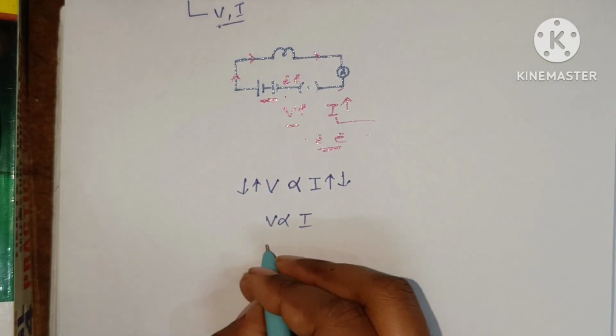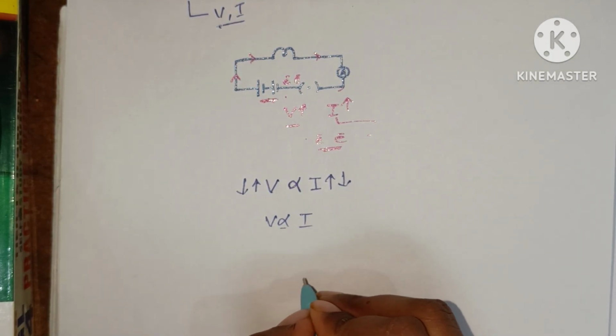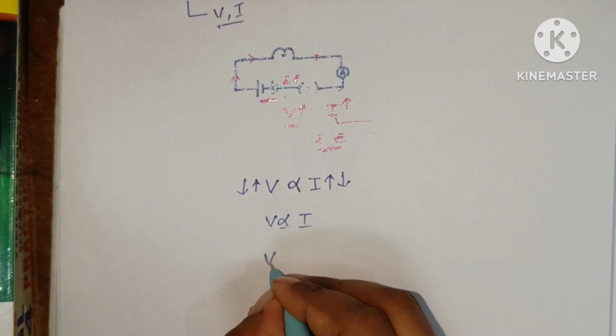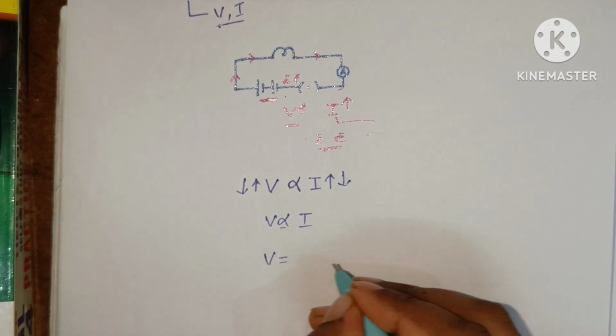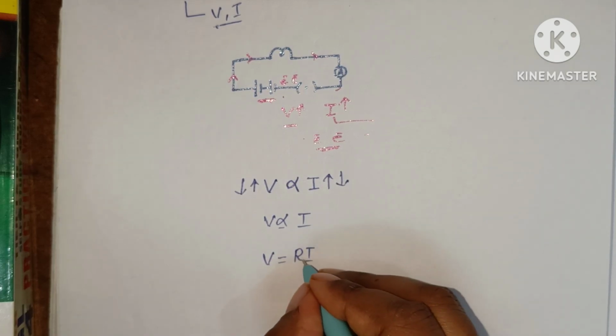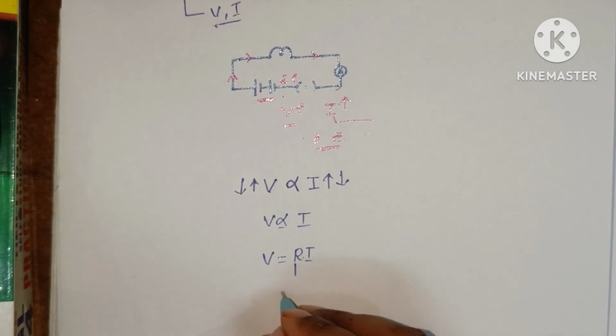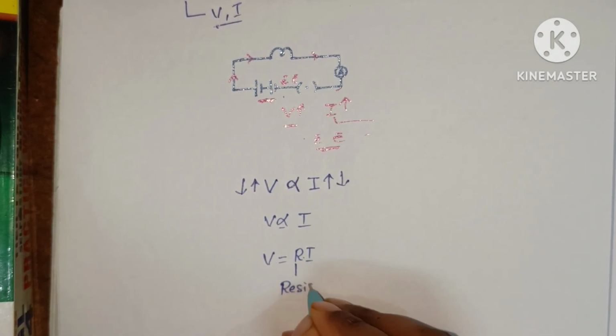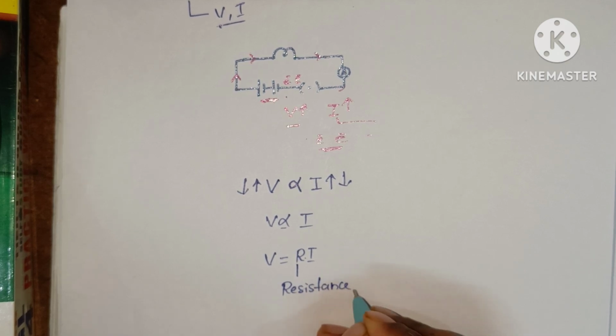Okay, so now I have to take out this proportionality. Then what will you write here? V equals R into I. So what does R mean here?